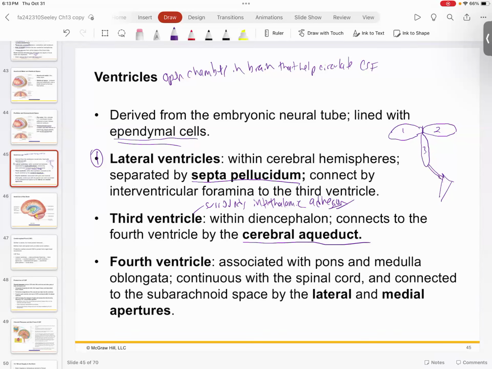It drains between the medulla and the cerebellum. And the important thing is its connection from here will connect to the subarachnoid space. There are little apertures or holes called lateral and medial apertures that will allow the CSF to move into the subarachnoid space. And then once it's in that space, it can circulate around the brain.